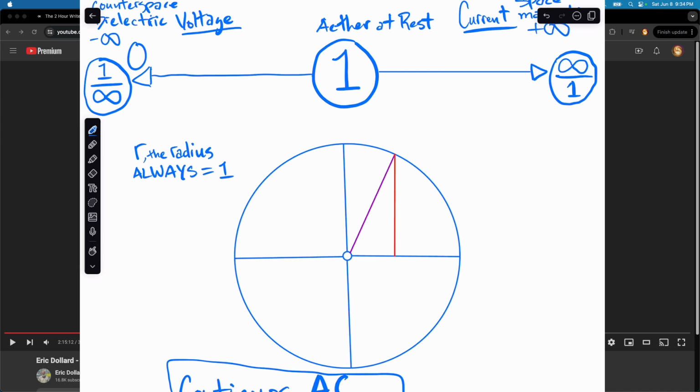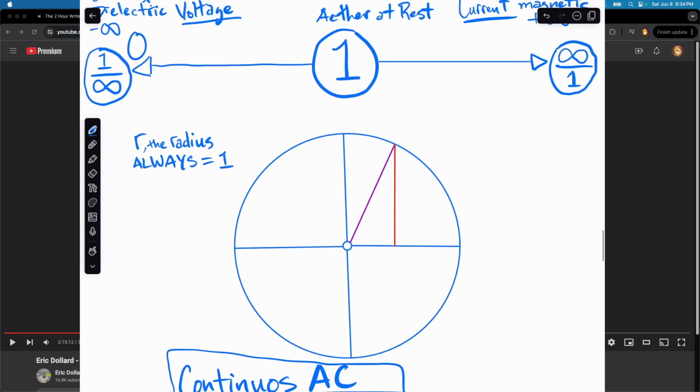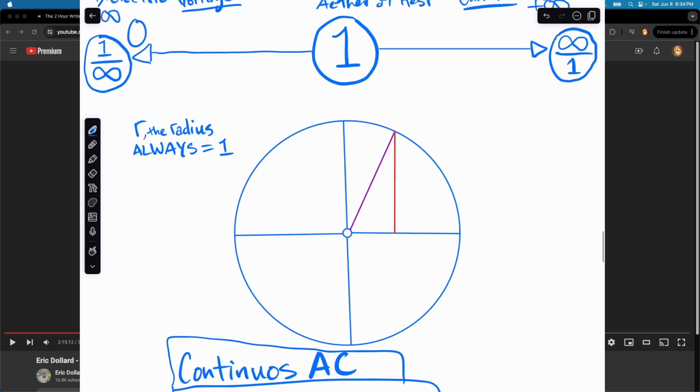So the way I'm currently conceptualizing this is that it is related to this circular radian chart.